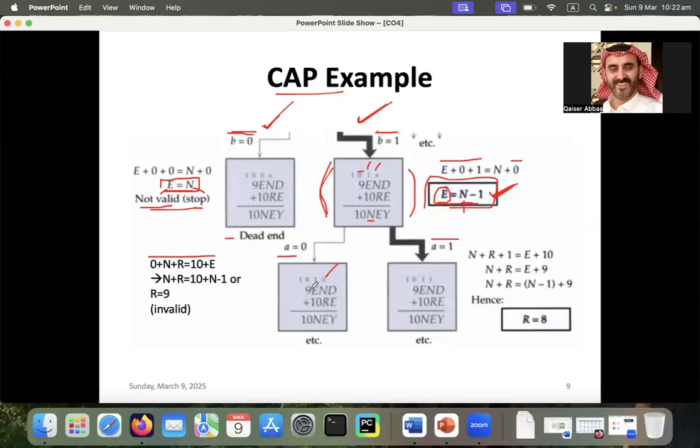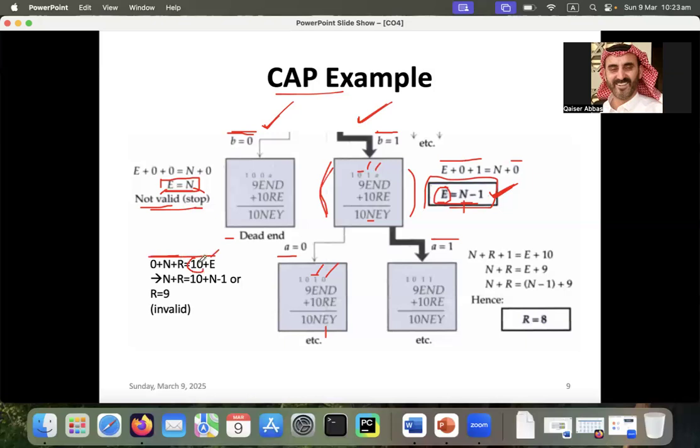Now, 0 plus n plus r, I am just writing it here, is equal to 10b plus e. And b is the next carry, which is 1. So that's why 10b, 10 multiplied by 1, you have the 10 here, and then the e.